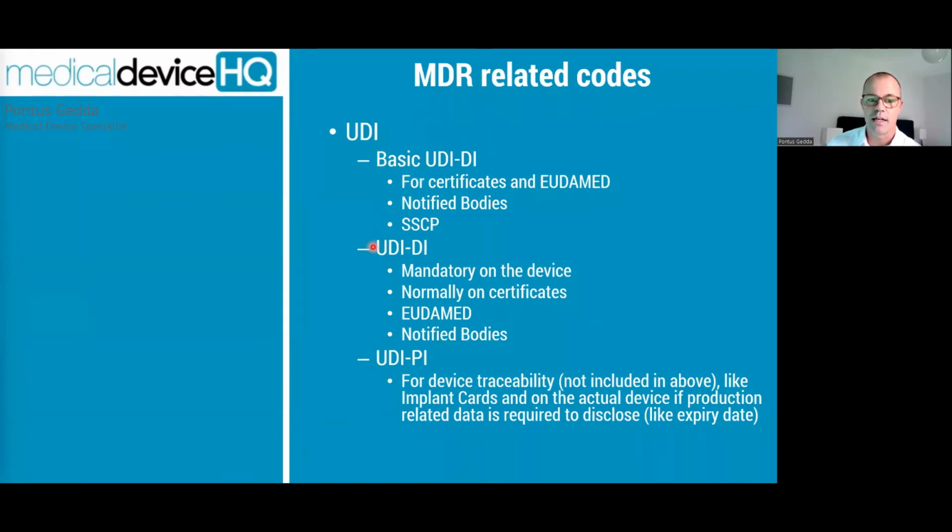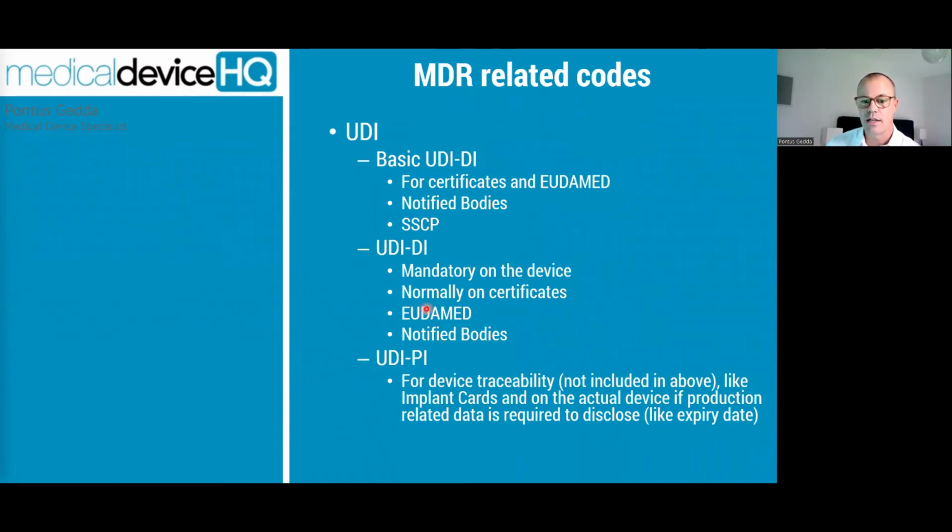this basic UDI. Then we have the UDI-DI, which is mandatory to have on the device. This is the device identifier. You normally find it on certificates also, and you need to have it in EUDAMED with your device registration. And of course, the notified bodies are interested in this. The second part of the actual UDI is the UDI-PI, production identifier, and that is for device traceability.